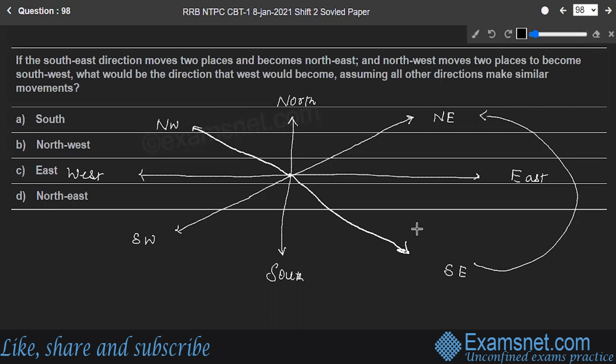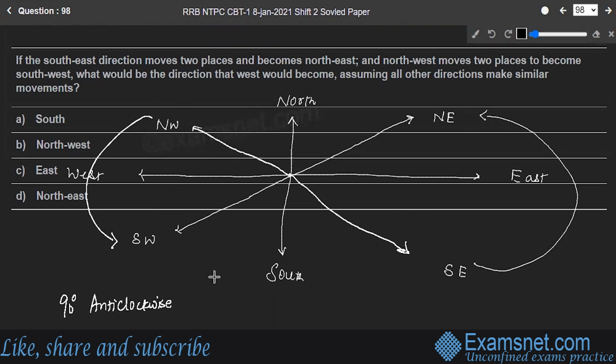Now, if southeast move 2 direction becomes northeast, and northwest moves 2 places to become southwest. See, this condition is true when each direction shifts its position by rotating 90-degree anti-clockwise. Right?